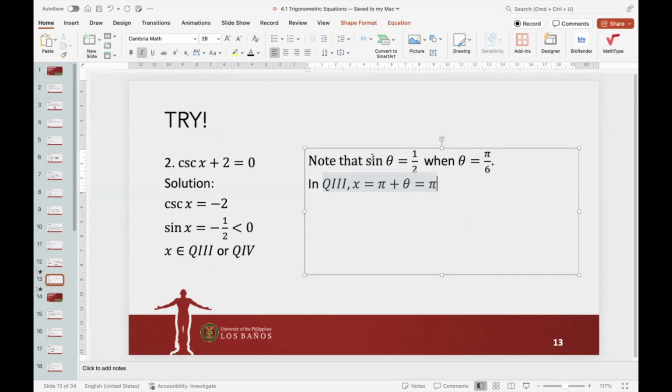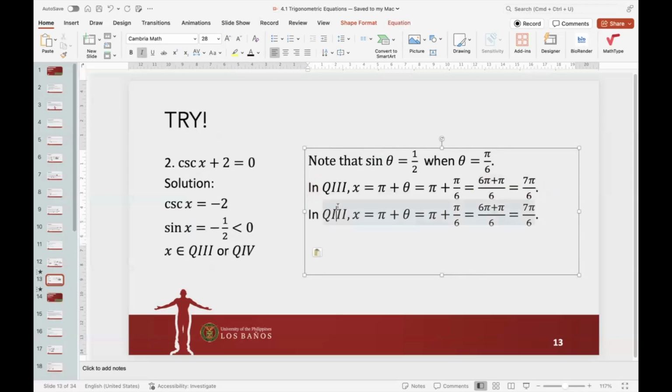Since we already know the value of our reference angle, we just add pi over 6, and we will get 6 pi plus pi all over 6. And this will yield 7 pi over 6. So this is our angle in the third quadrant.